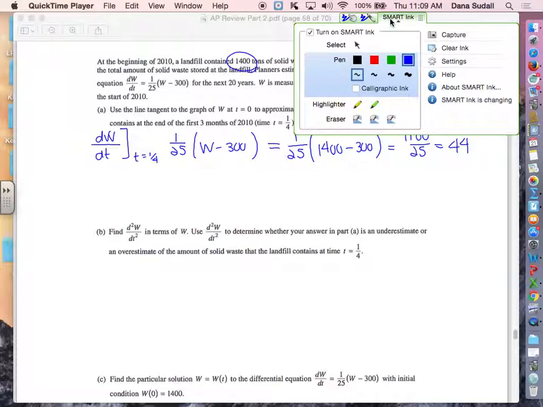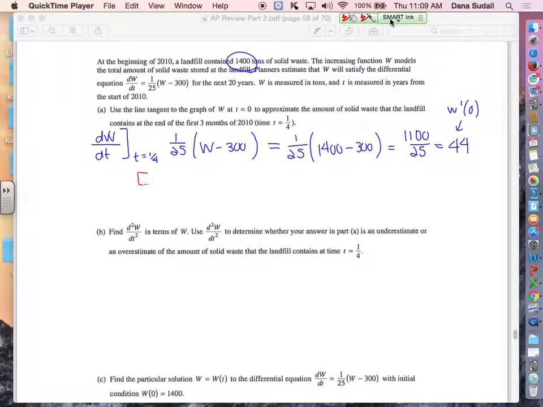So now the equation of the tangent line, you can think what you have for that. It would be y minus your y value. We're not using y, we're using w, equals your slope. And then it's not x, it would be t minus your t value.